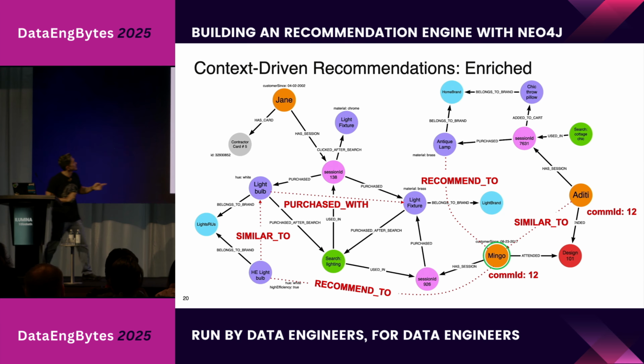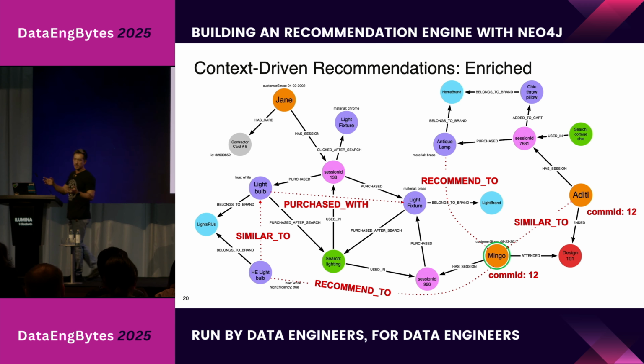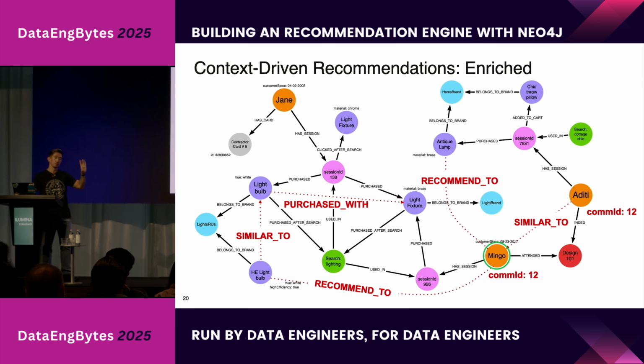Aditi has purchased an antique lamp and throw pillow and some other products. Out of that, because he's interested in light bulbs, maybe we can also recommend the antique lamp. So that is the customer profile recommendation. We're going to look into both of them a little bit, and then perhaps even more lower code-level analysis later. But this is what you can do with the knowledge graph.